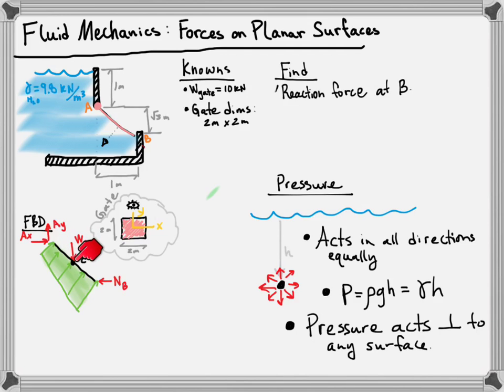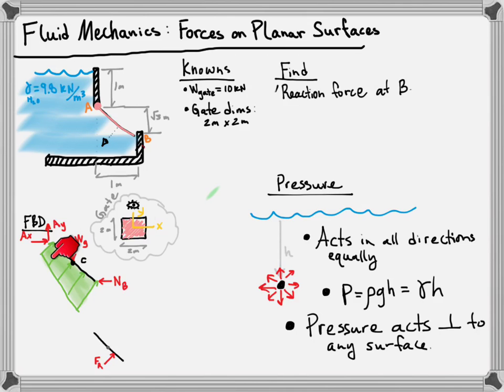We know that this uniform system has a weight that acts downwards at the centroid, and we know that down at the bottom we have a contact force with this wall, and that there's going to be a normal force there acting perpendicular to the surface of the wall. And lastly, we have this pressure distribution, which is the kind of new weird thing we're looking at here. Okay, so let's go into the details of how we're going to treat this pressure distribution.